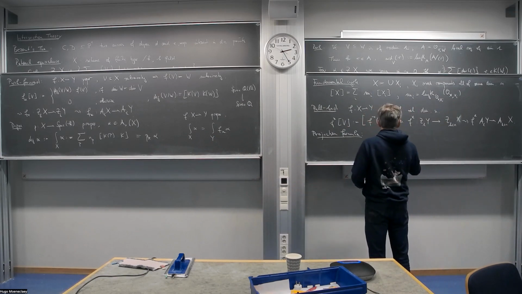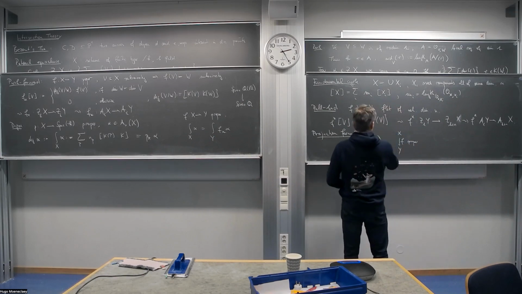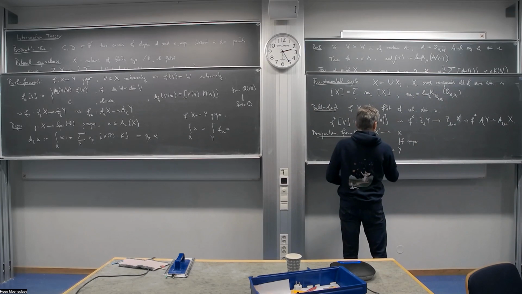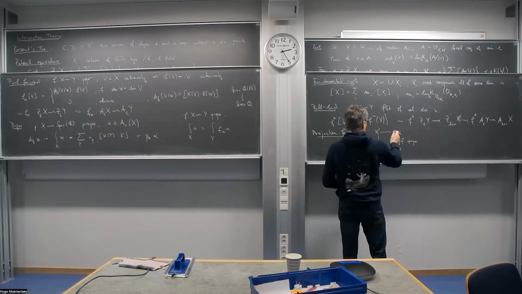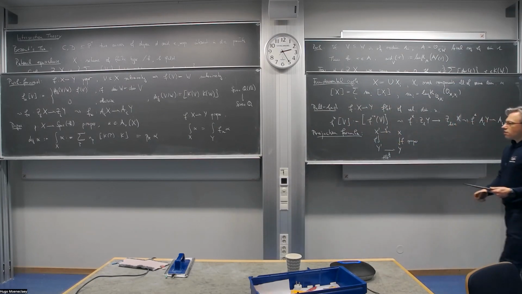So the projection formula: we have the following situation. We have X, Y, and f is proper. Now we have a flat map g from Y prime. And for g prime and f prime, the base changes are flat and proper, respectively.